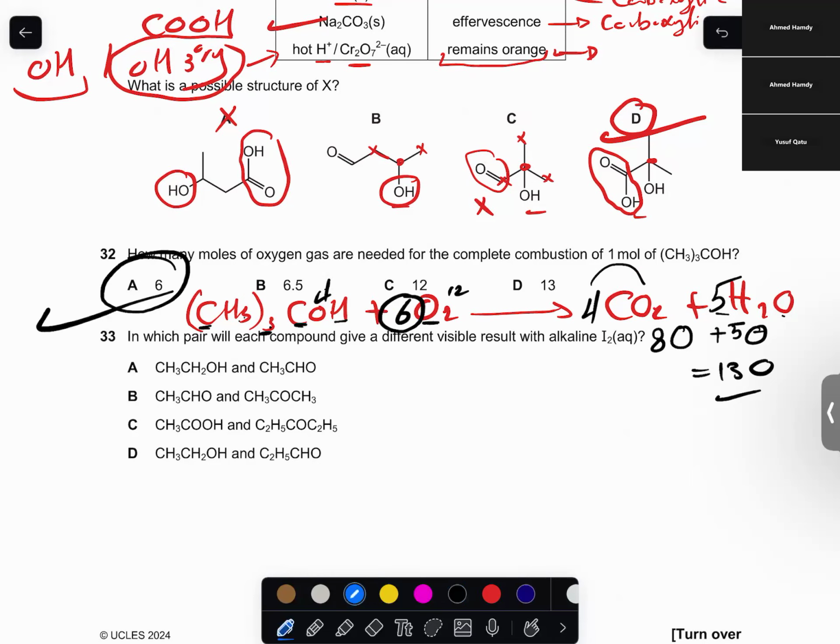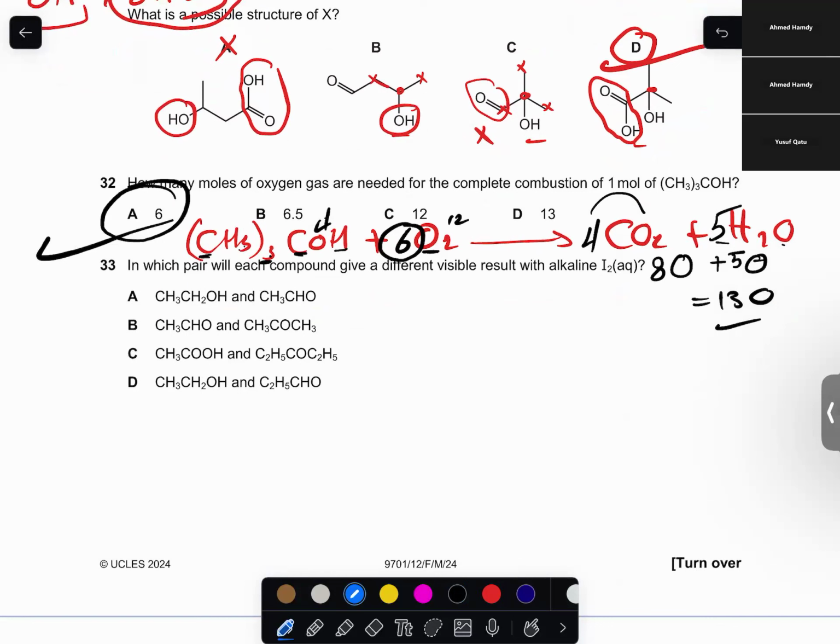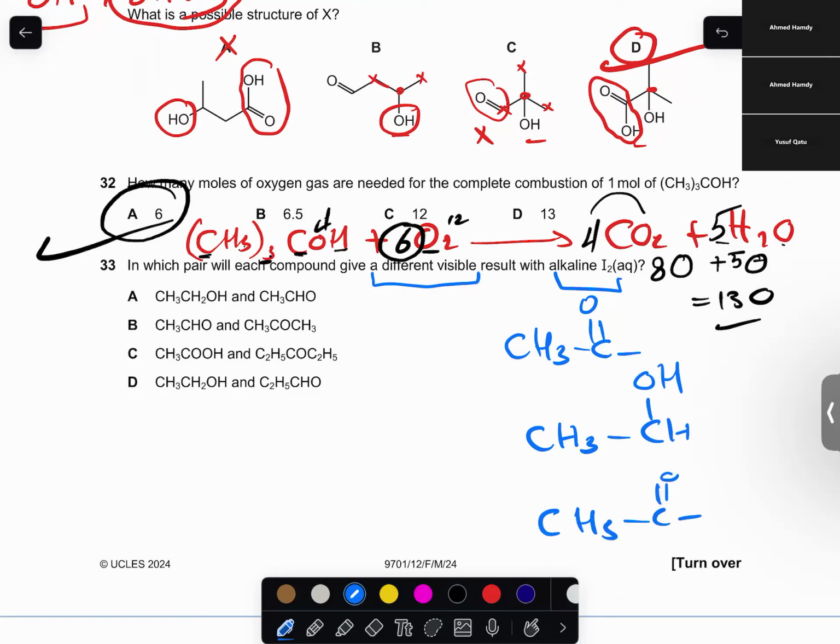In which pair will each compound give a different visible result with aqueous alkaline iodine? We know the alkaline triiodomethane test gives a positive result if the compound contains CH3C=O, or CH3CHOH.